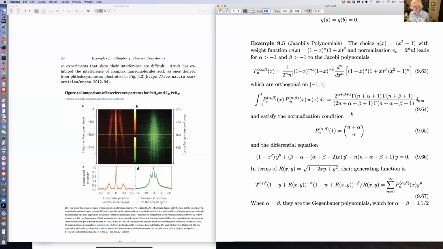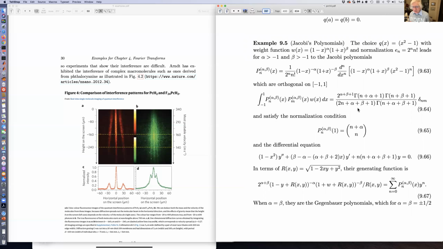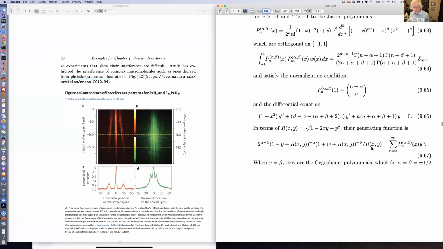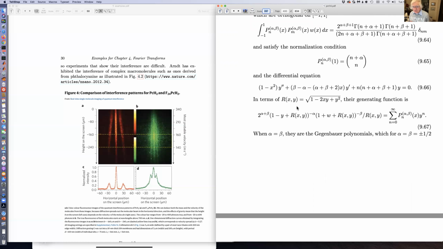And the orthogonality is that it's proportional to delta nm, and you have this complicated factor in front. Their differential equation looks like this. And here's a Rodriguez type generating function.